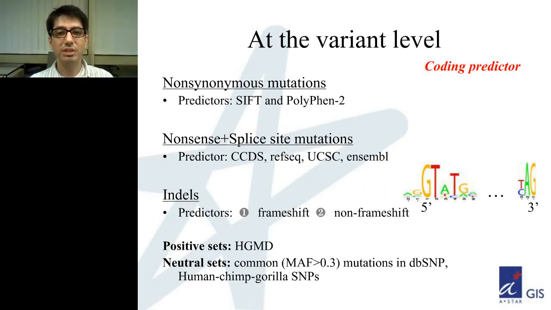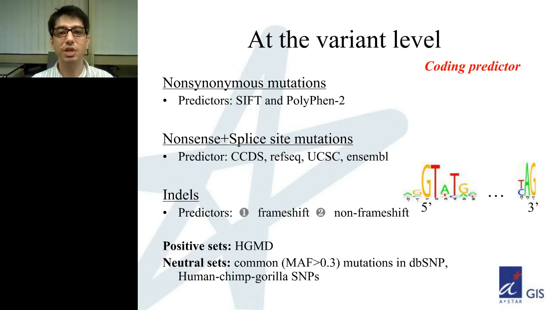For coding mutations, we divide them into 3 categories: non-synonymous mutations, splice site mutations, and indels. When I said coding, we use a union of 4 different databases which are CCDS, RefSeq, UCSC, and Ensembl to define all coding transcripts.